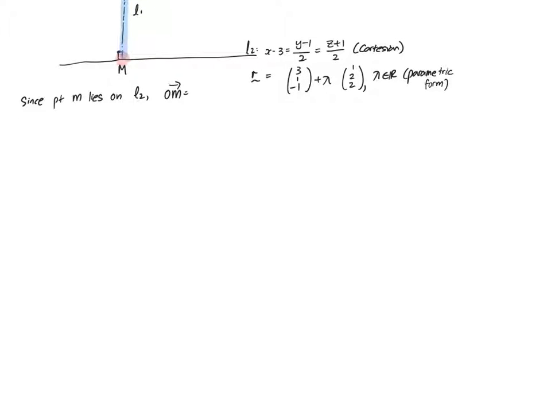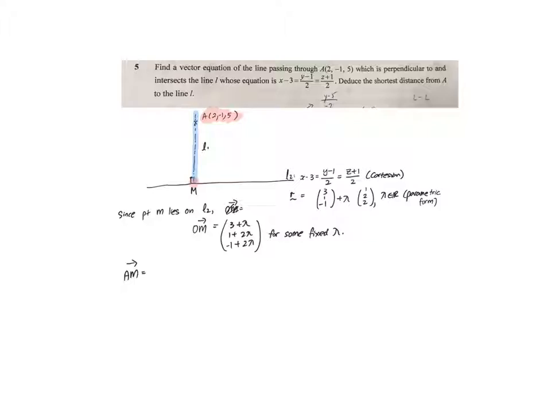Okay, so with that, OM can be written as (3 plus lambda, 1 plus 2 lambda, -1 plus 2 lambda) for a particular value of lambda, or sometimes we just write it as for some lambda, or for some fixed lambda, that's fine also. Then next thing we want to do is, because we want to eventually end up using the dot product of two perpendicular vectors, we find AM, which is the direction vector of line 1.